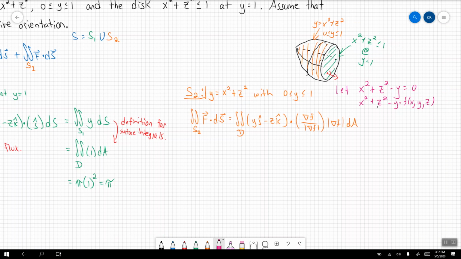So finding the gradient here will then again be orthogonal to this specific surface that I started with.